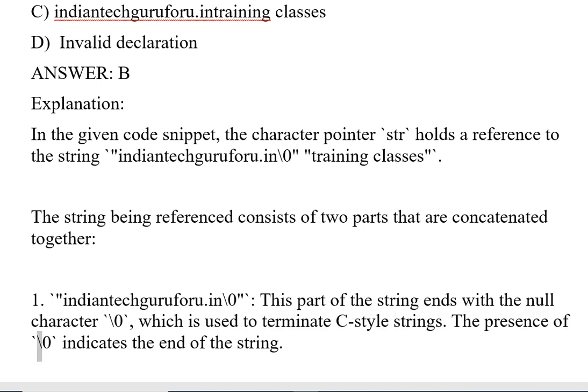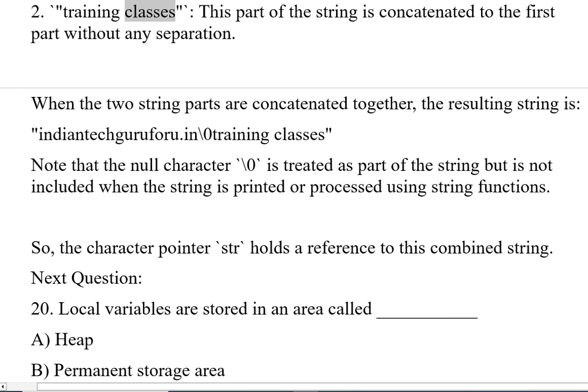The presence of \0 indicates the end of the string. 2. "training classes". This part of the string is concatenated to the first part without any separation. When the two string parts are concatenated together, the resulting string is "Indian Tech Guru in \0 training classes".